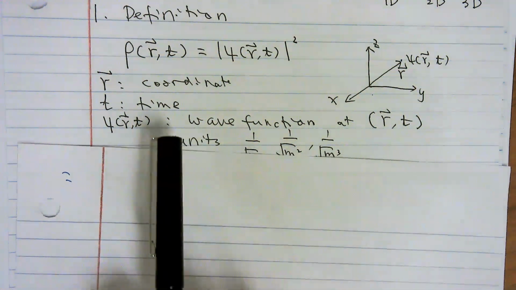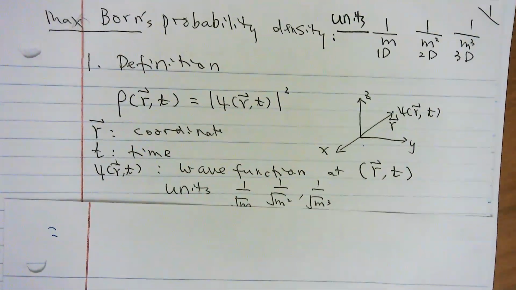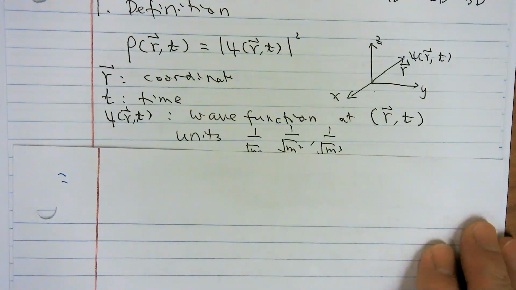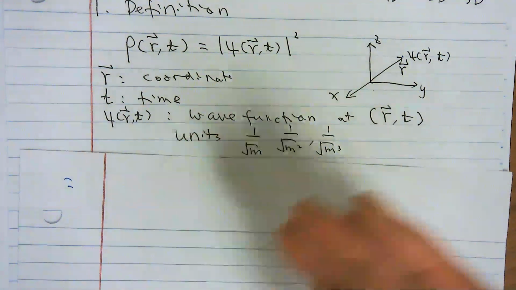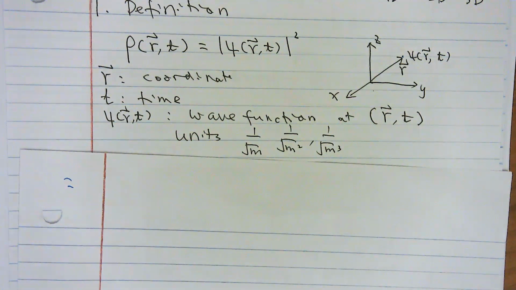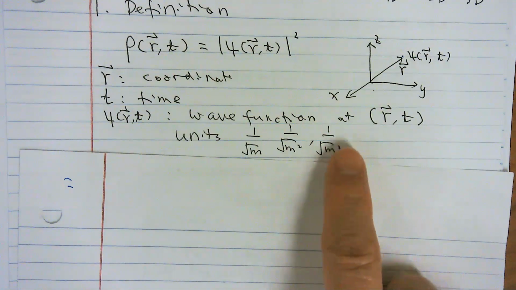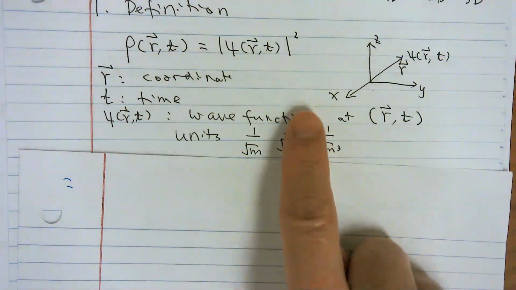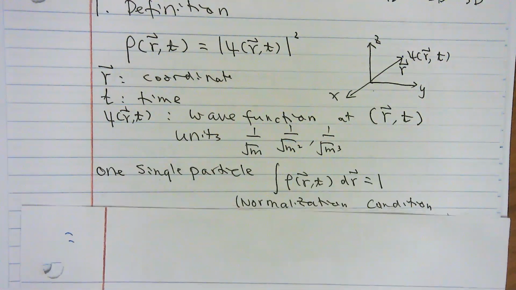So R is the coordinate, T is the time, and psi is the wave function. Because the probability density has units as I just mentioned, the wave function must have units that are the square root of the probability density units. That's why you see 1 over square root meter, 1 over square root meter squared, and 1 over square root cubic meter.